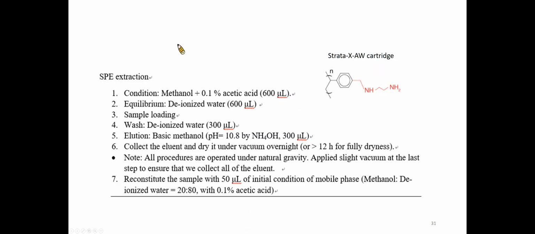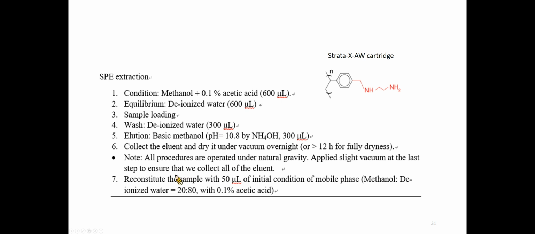This is the SPE protocol to extract the tetrachloroethylene metabolites. For the conditioning step, we applied acidified methanol for the cartridge activation and deionized water for the initial condition. Next, we load the sample onto the Strata XAW cartridge and then wash with 300 microliters of deionized water.